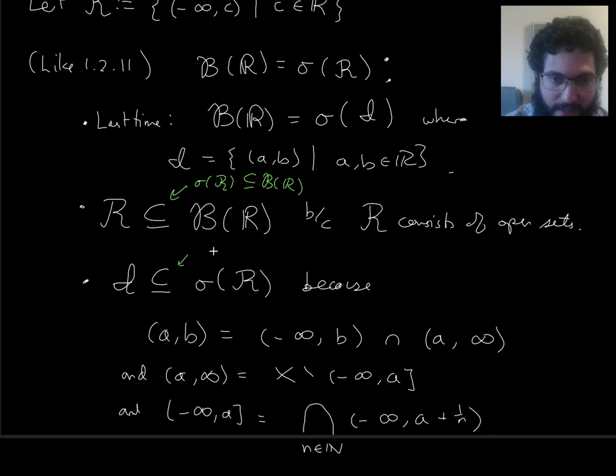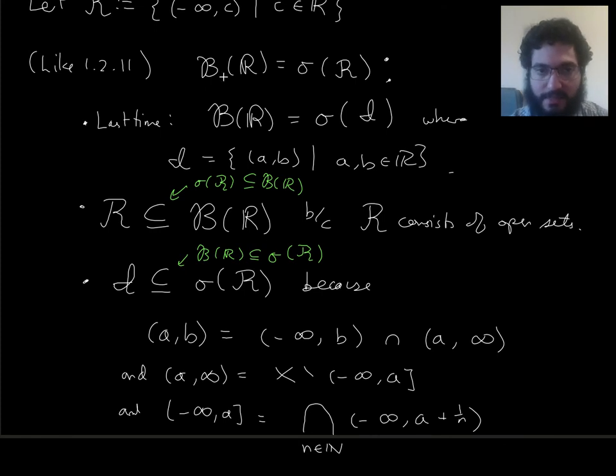And this tells you that the sigma algebra generated by fancy I, which is the Borel sigma algebra on the reals, is a subset of this thing. So that's what these tell us. So that's both inclusions, and that tells us this equality.